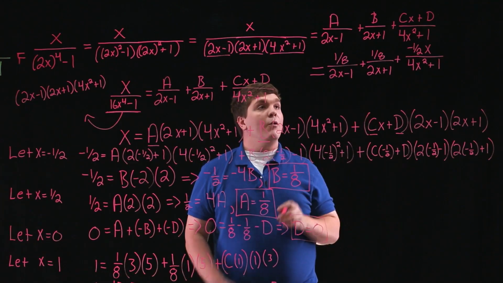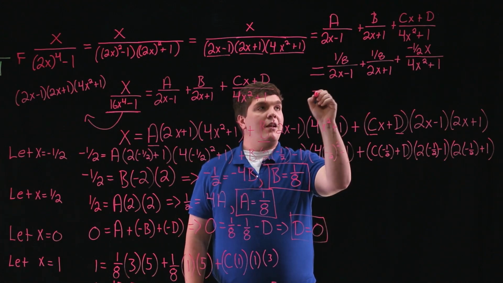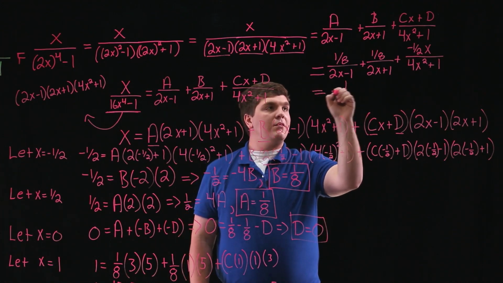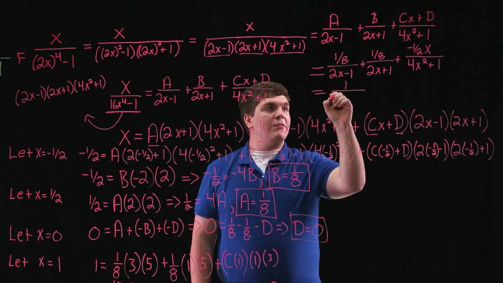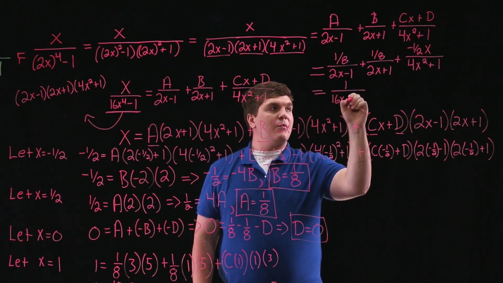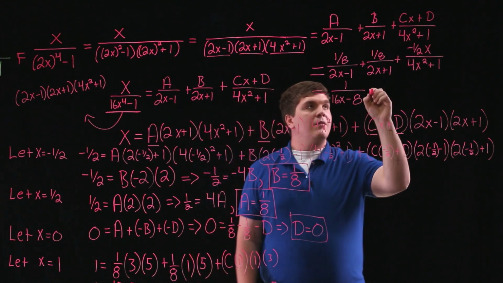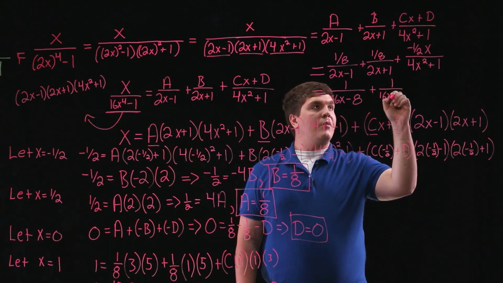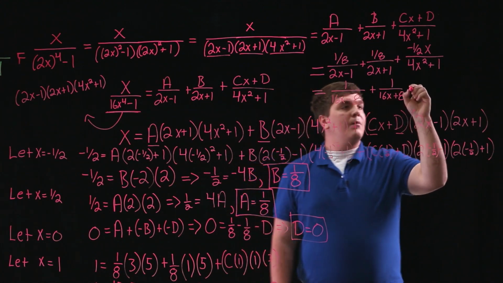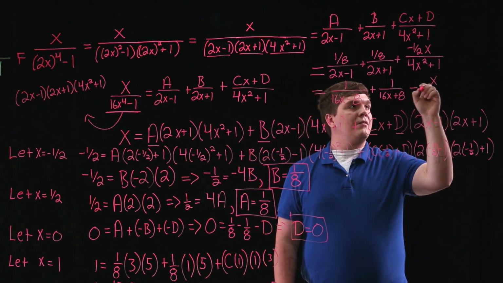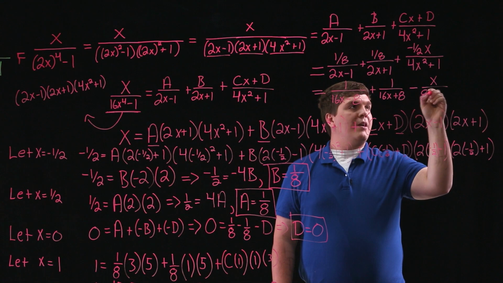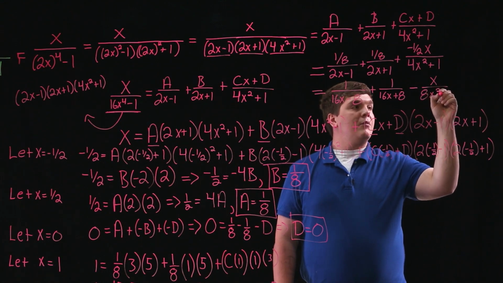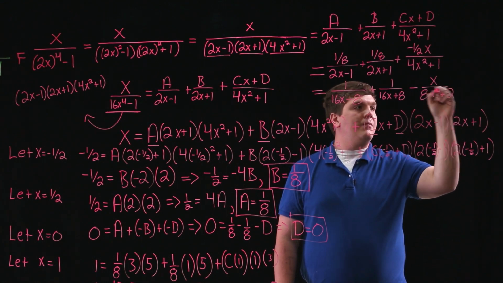Now we can stop here, or we can take this a step further, and we can rewrite this as 1 divided by 16x minus 8 plus 1 divided by 16x plus 8 minus x divided by 8x squared plus 2.